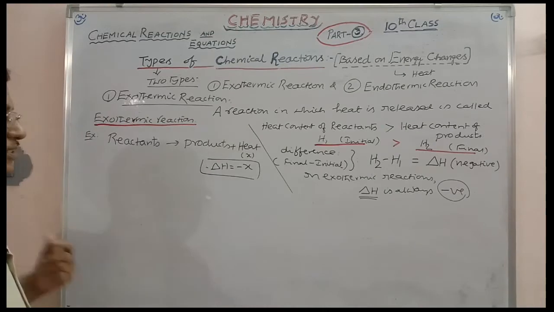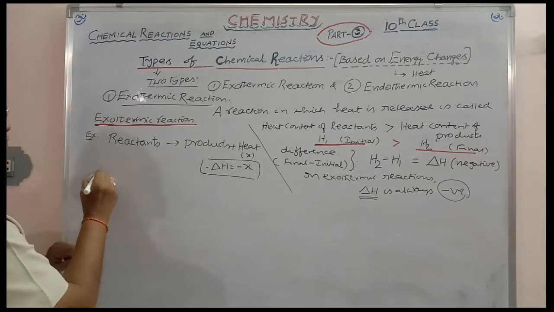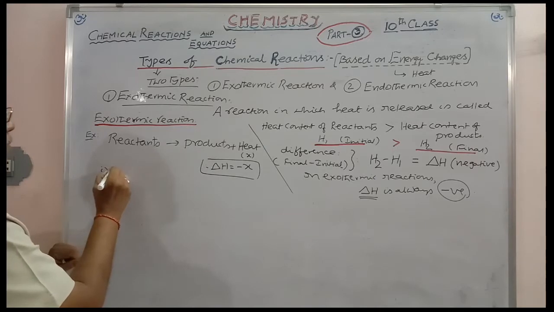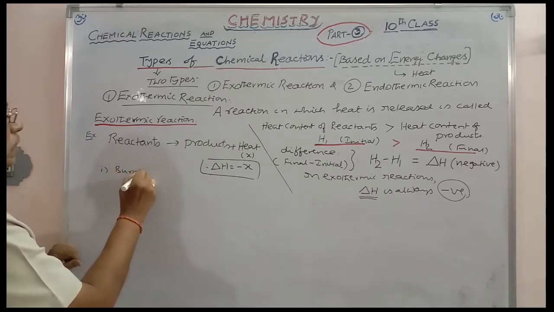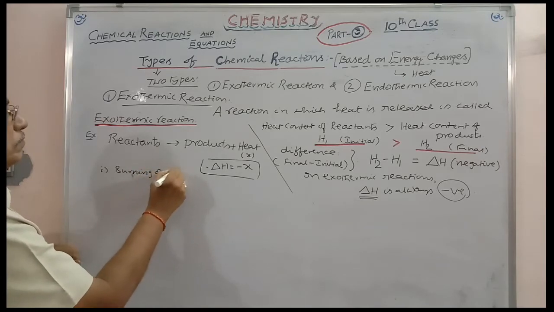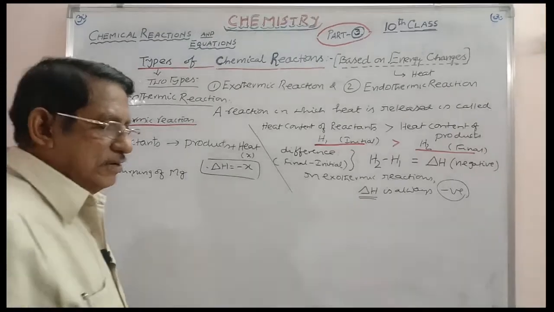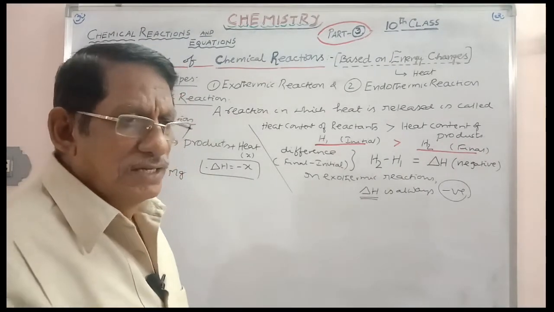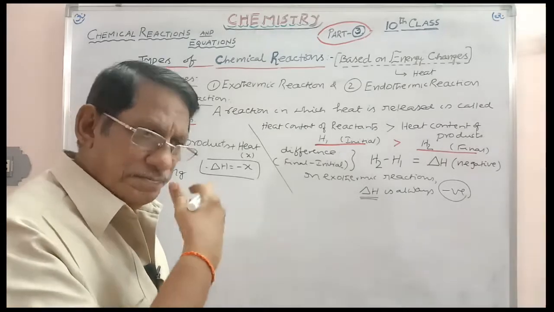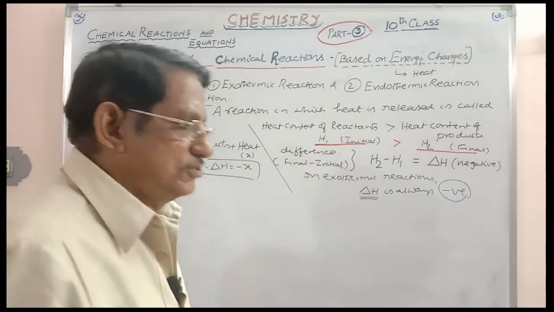Okay, let us now consider examples in this case. One, burning of magnesium. Burning of metal, burning of non-metal, or burning of any hydrocarbon, always they liberate heat. All those reactions are exothermic reactions.